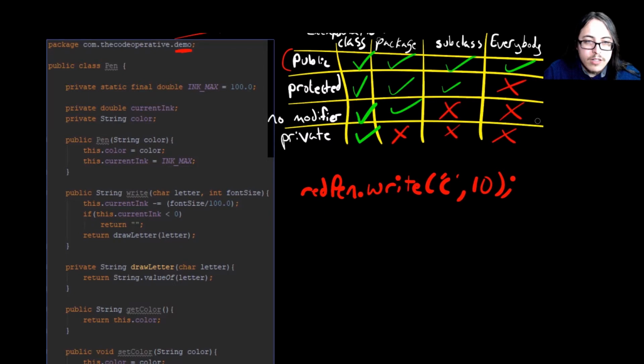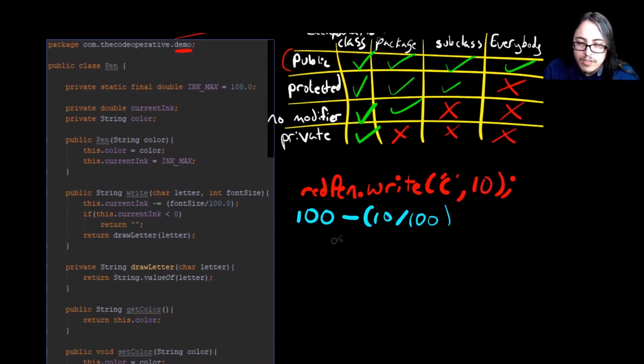Let's get a different color in here. So the ink max is set to 100. And now it's going to be set to itself minus the font size, which is 10, divided by 100.